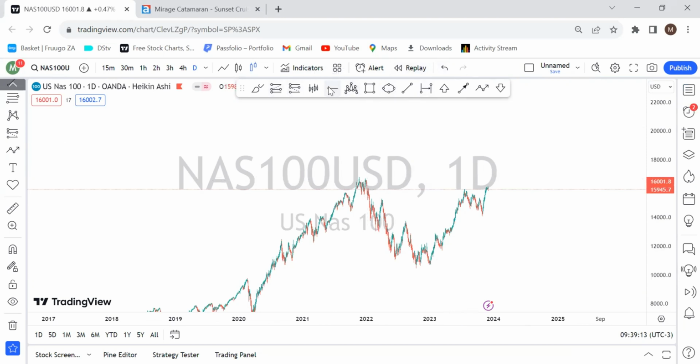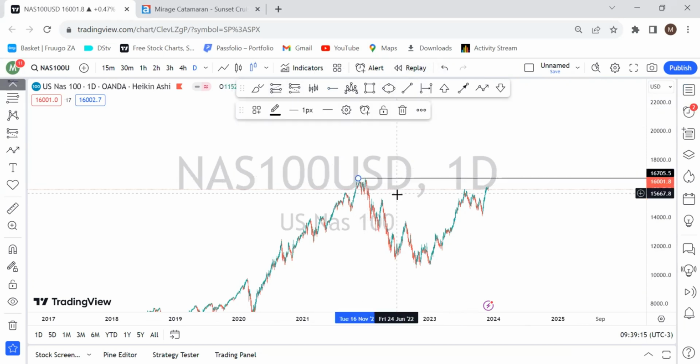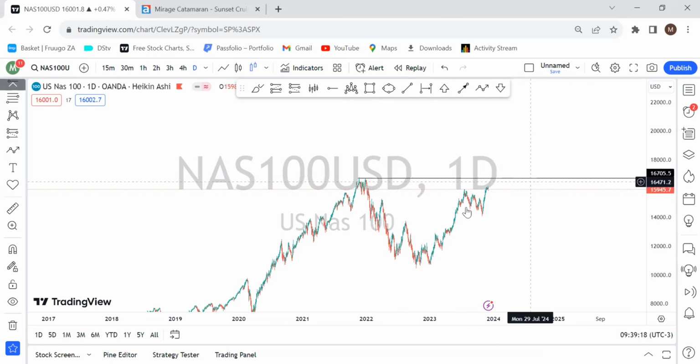So I'm just gonna highlight this area because now there might be a possibility that NASDAQ buys and continue pushing up until that high or even break that high. So this high gives us some kind of information on where the market might be heading.